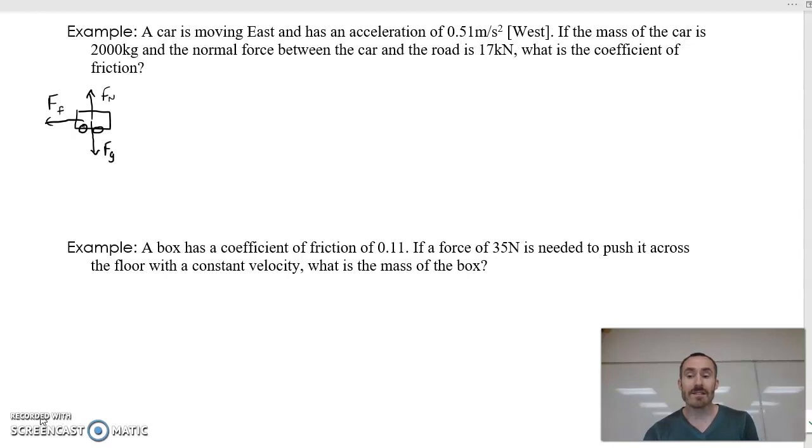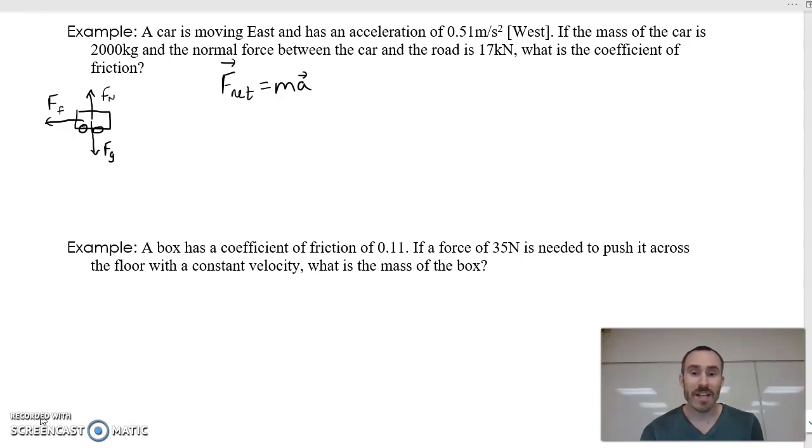Now in this case, the force of gravity and the normal force are not going to show up in our F net because what we are concerned about is the east-west acceleration and force acting on this car. And since the normal force and the force of gravity are up and down forces, they are not going to come into play in F net. Now that does not mean that we won't need to use them somehow because they are both part of the friction formula. Okay, so that's the only reason that we'll need to be able to use them.